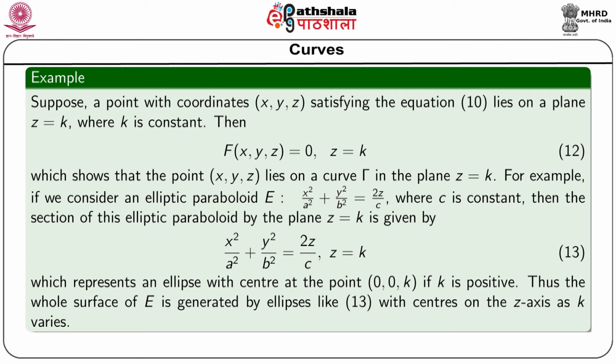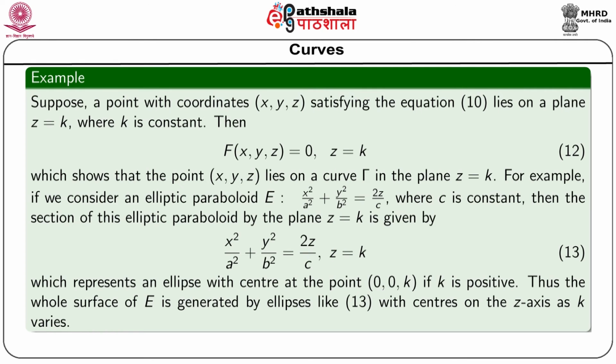Now, let us take one example. This is the equation of an elliptic paraboloid. Its equation is x square by a square plus y square by b square equals 2z by c, where c is a constant.